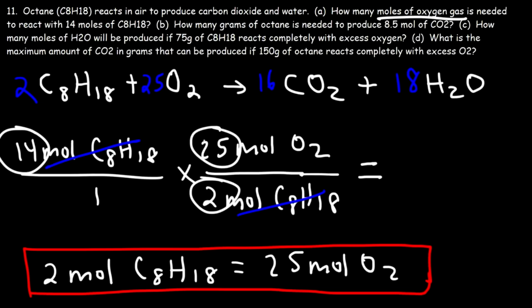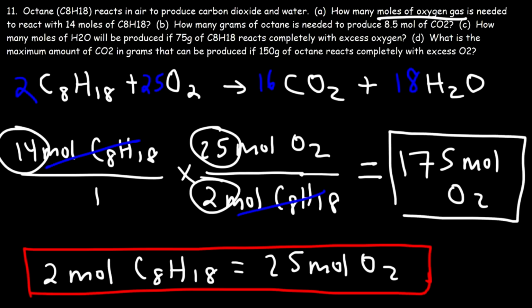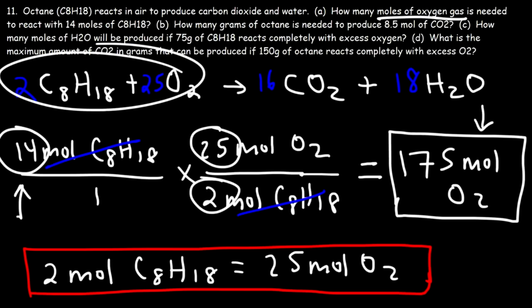Well, if you have 7 quarters, that's $1.75. So 7 times 25 is 175. So what this means is that 14 moles of octane will react completely with 175 moles of oxygen gas, according to this balanced chemical equation.